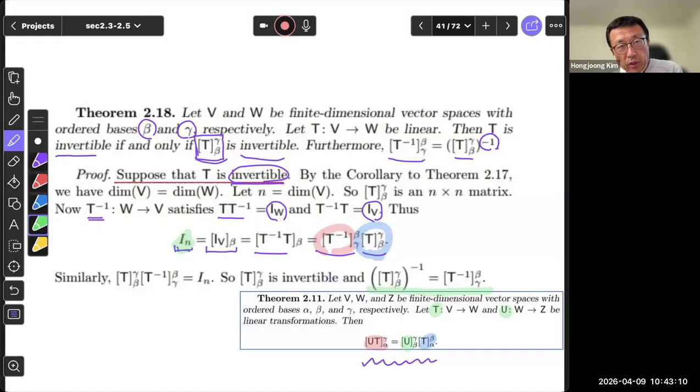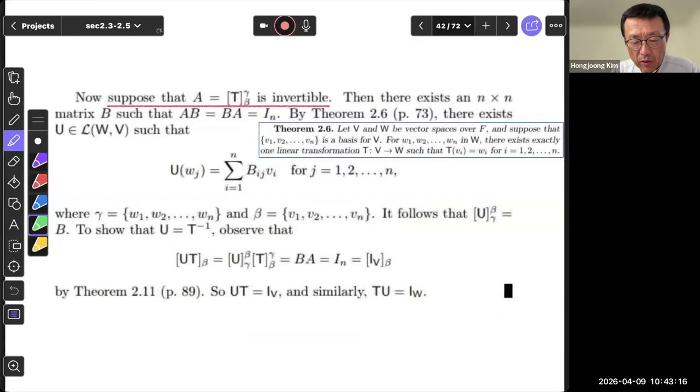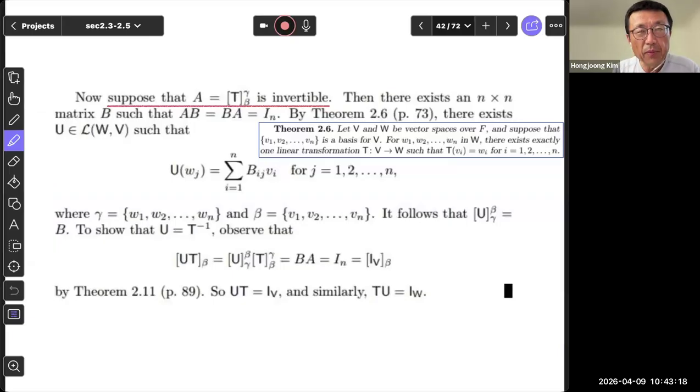And actually, all these arguments are reversible. So if I assume that a certain matrix A representing this linear transformation is invertible, then this invertibility implies the existence of some B satisfying this.